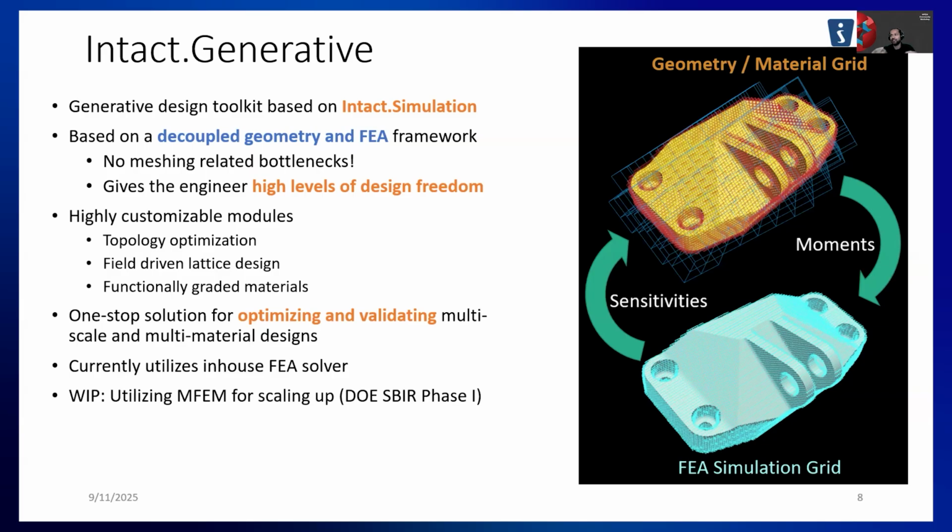You can bring in different solvers, different algorithms, and set up a design workflow. This technology is called Intact Generative. It's available for users, but it uses an in-house FEA solver. Most of the users that we have usually work on a laptop or a desktop.